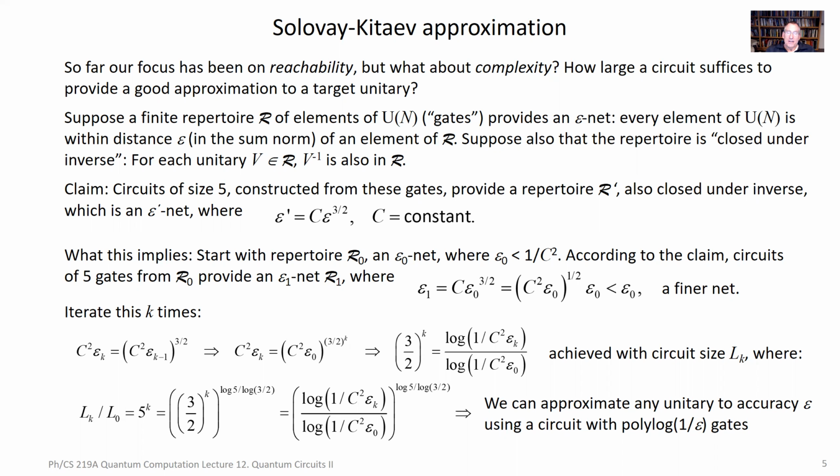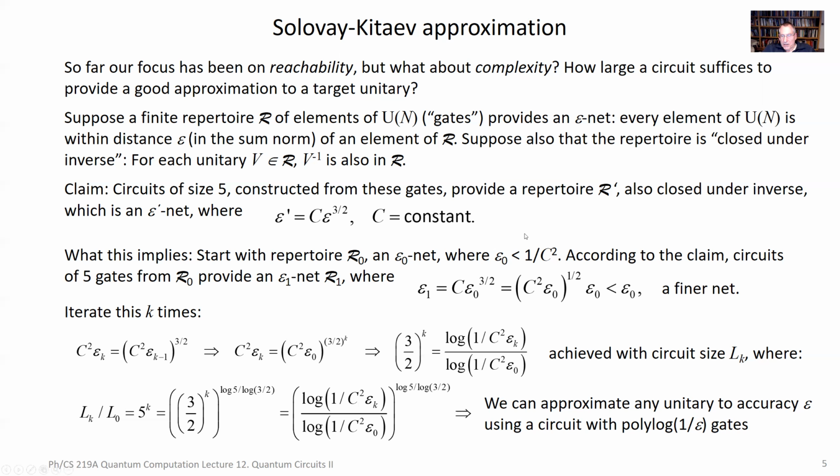The important thing is that we can do it recursively. Once we have a way of making the error smaller, we can do it again. With the new epsilon prime net, I can construct circuits of size 5 out of those, and I can get an epsilon prime prime net, and that's going to have an even smaller error. And I can keep doing that.